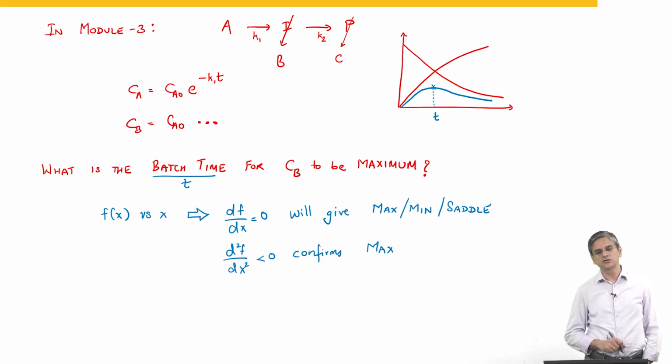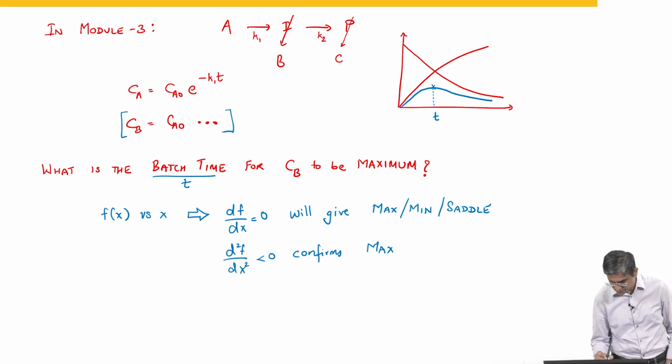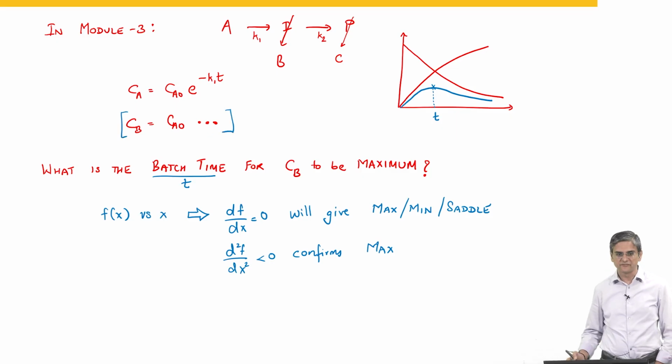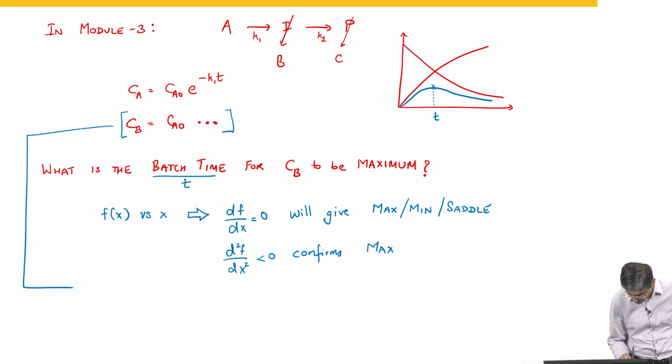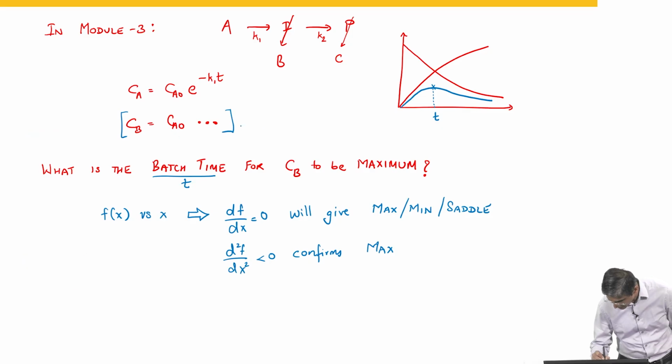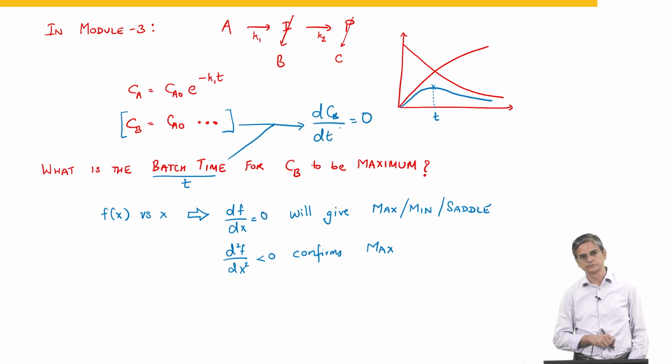Right. And that is the concept that you are going to use. Okay. What that means is, this particular expression that you get is your f as a function of t. Okay. So, to find the batch time at which this is maximum, okay, that is essentially what you are going to do.